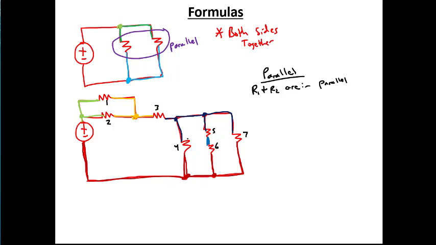Okay, so let's look at 4. 4 is connected to dark blue on this side, and it's connected to brown on the other side. Is there any other resistor that is connected to dark blue and brown? So 3 is connected to orange, that's not to brown. 5 is connected to light blue. 7 is connected to blue and brown, so 4 and 7 are also in parallel.